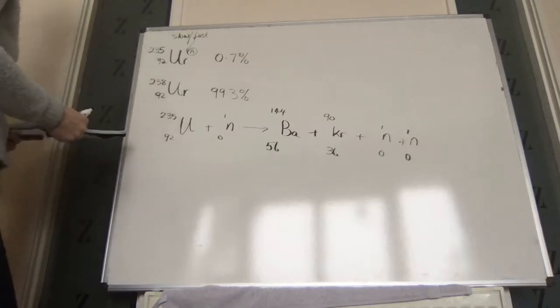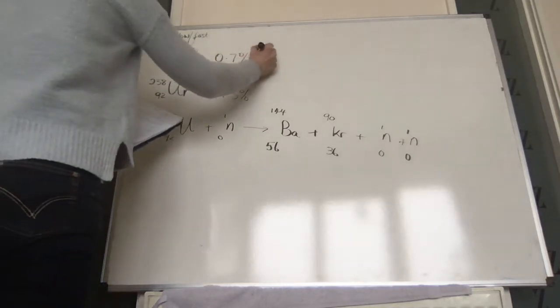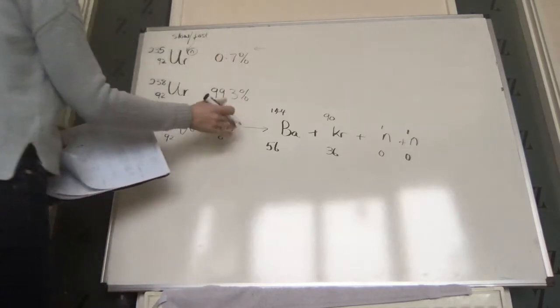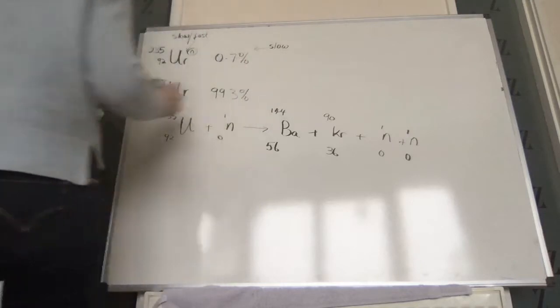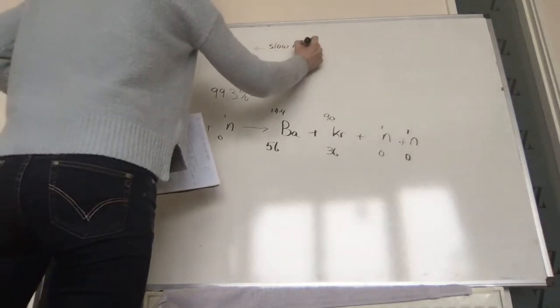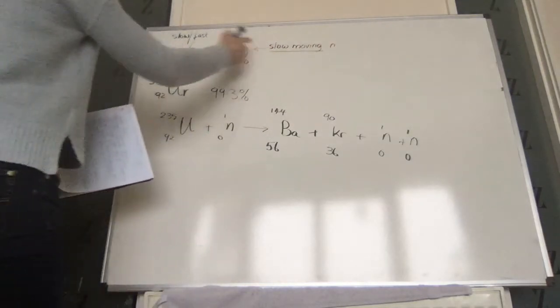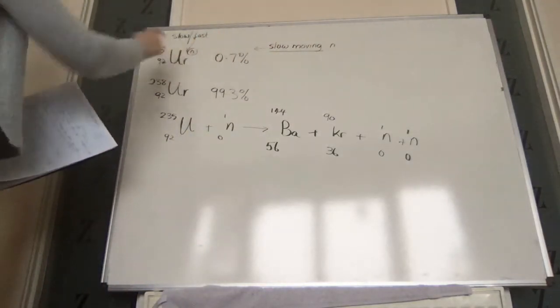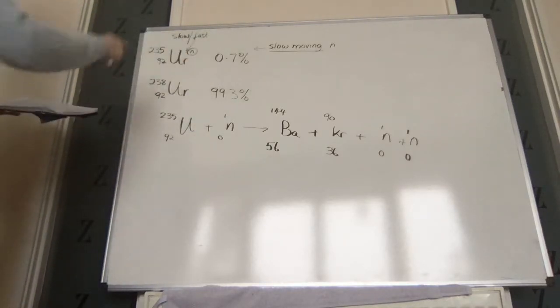Now, uranium-235 is far more likely to undergo fission if it's bombarded with slow moving neutrons. So slow moving neutrons are preferred, and it'll be more likely that you'll have fission if you have a slow moving neutron entering the uranium.